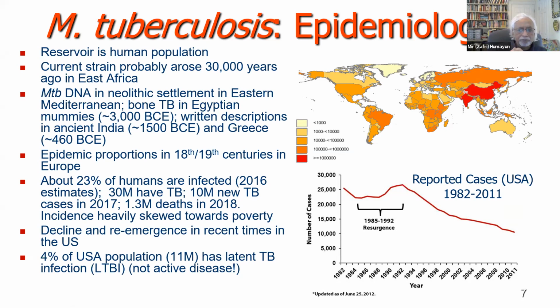Okay? Now, MTB DNA has been found in Stone Age settlements in the Mediterranean region, and a disease similar to TB has been described in ancient India and in Greece, and features very similar to bone TB were observed in mummies from Egypt.